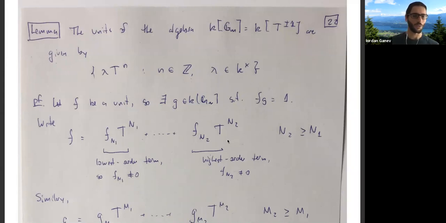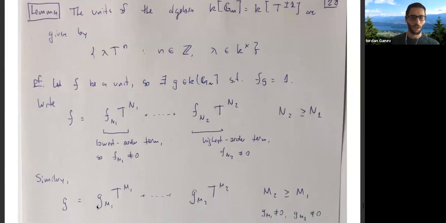And there is some highest order term. We call n2 the highest power of t that appears in f with non-zero coefficient, and n2 is bigger than or equal to n1. In general it's bigger than or equal to n1, but we'll actually show that in this case they're equal. That'll come later.